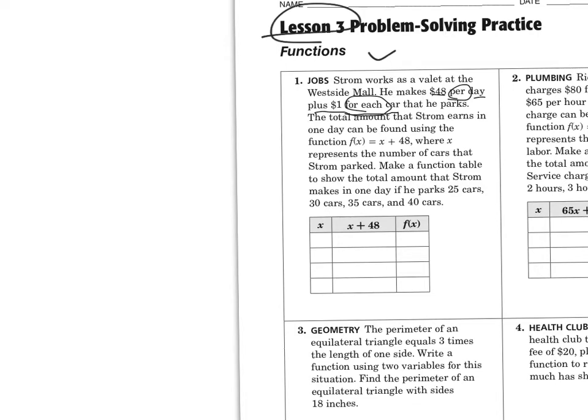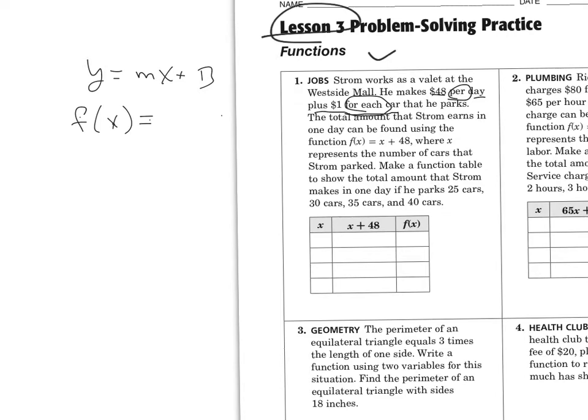And so in our equation, y equals mx plus b, we're getting the function of x, where x is the number of cars that he parks. They're really asking how much money he makes each day.